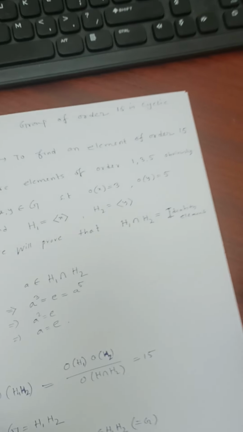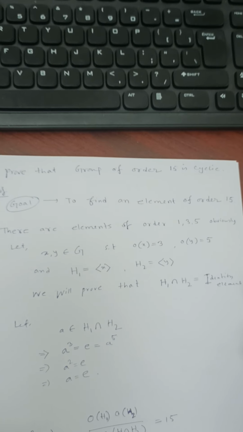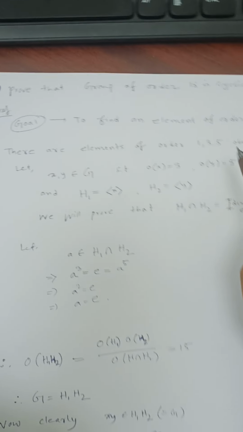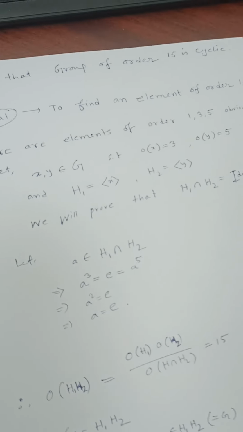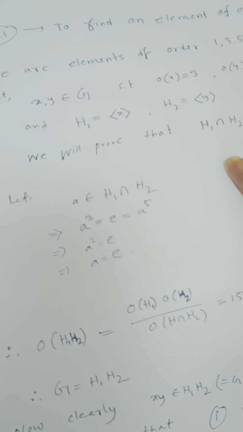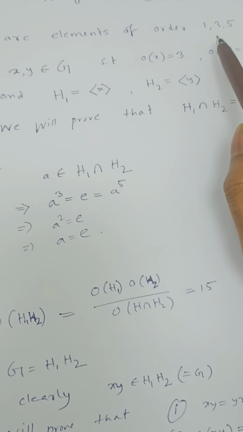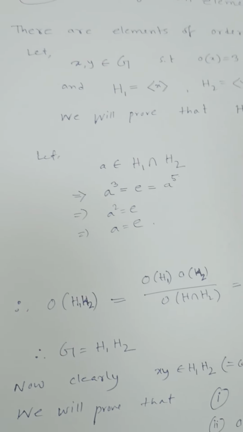So to prove that the group of order 15 is cyclic, I have to prove that there is an element of order 15 in that group G. One thing is obvious: there are elements of order 3, 5, 15 in that group.